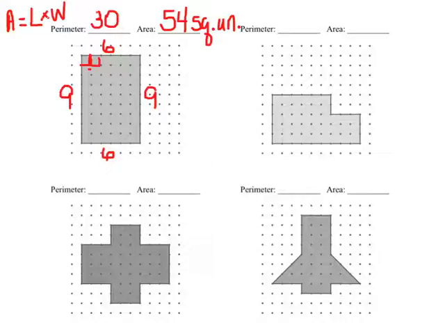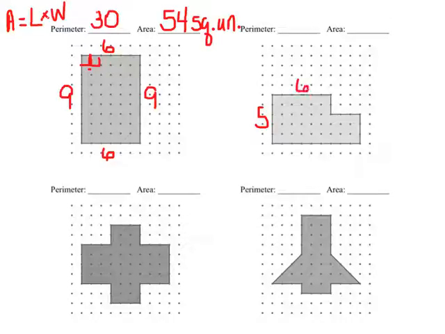Let's go to the one right beside that. I need to find the perimeter, which means I'm going to add up all the sides. I'm going to start here in the corner, and I'm going to count 1, 2, 3, 4, 5. So this side is going to be 5. Let's go to the top, and I'm going to have 1, 2, 3, 4, 5, 6.